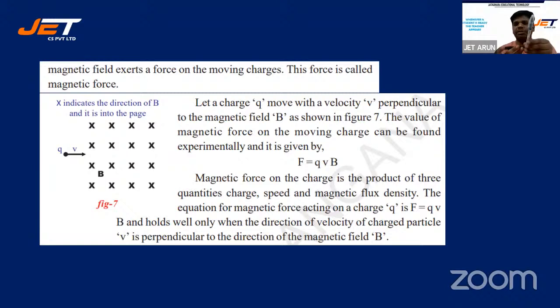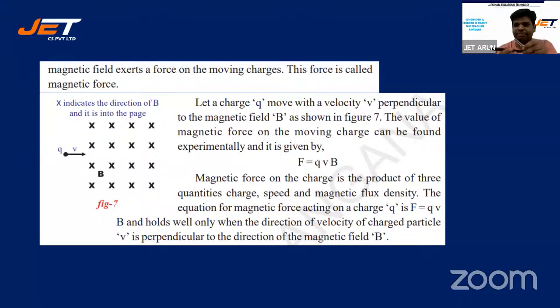When velocity and magnetic field are perpendicular to each other, the force is F equals qvB. If they are not perpendicular, at some angle, it is qvB sine theta. So it is 0 when parallel, 0 when anti-parallel, and F equals qvB when perpendicular.